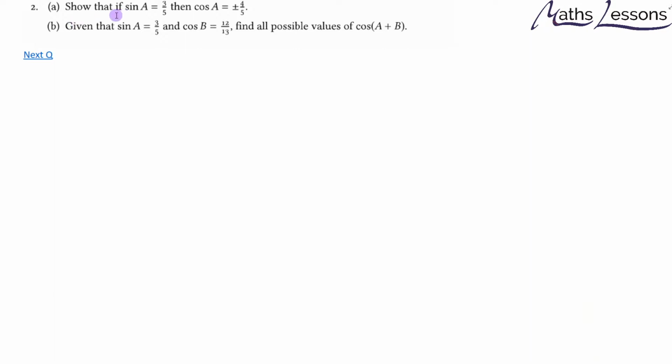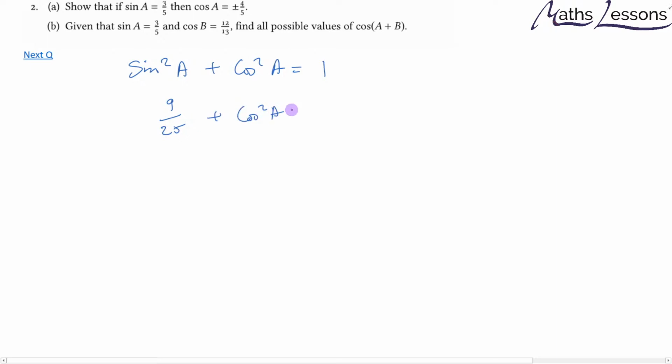Right, so we're going to show if sine A equals 3/5, then cos A is plus or minus 4/5. Well, we know that sine squared of A plus cos squared of A is equal to 1. So sine squared of A is equal to 9 over 25, plus cos squared of A equals 1.